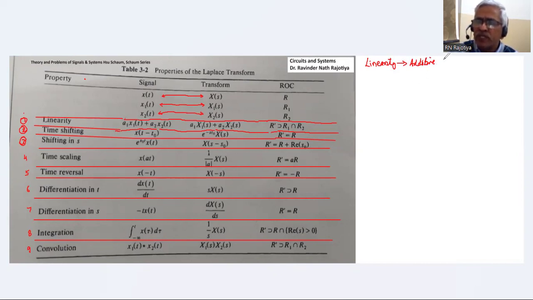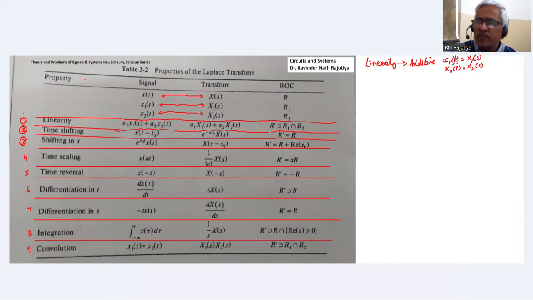Additive means if we have signal x1(t), for which the Laplace is X1(s), then x2(t), for which the Laplace is X2(s).